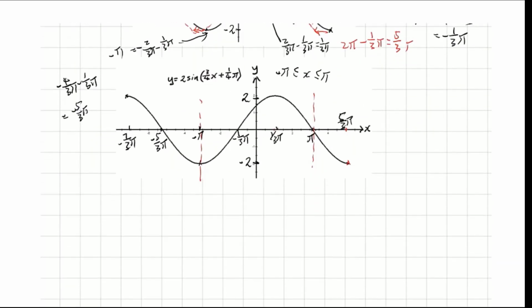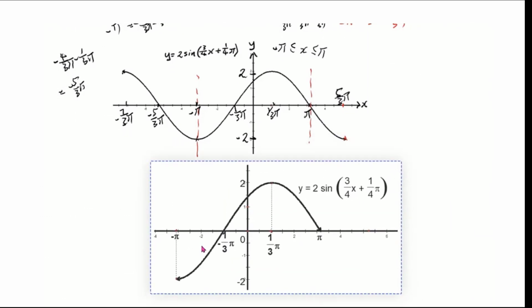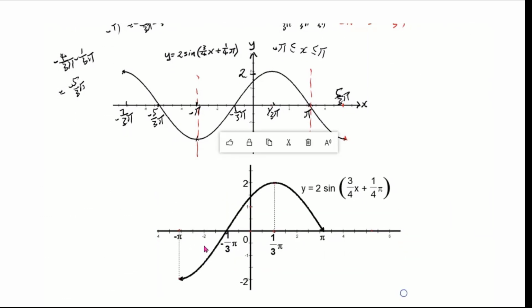So after taking away the extra part, this is the final graph for this function y equals 2 sine 3 over 4x plus 1 over 4 pi, where x is from negative pi up to positive pi.